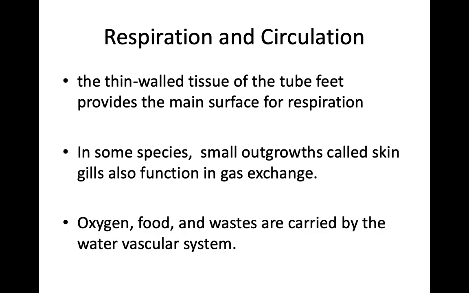For other echinoderms there's a wide variety of different ways, but these are two examples of adaptations. But for the most part, all of them do have that water vascular system to use for circulating materials and also for breathing. So oxygen, food, waste, these are all carried throughout that system.